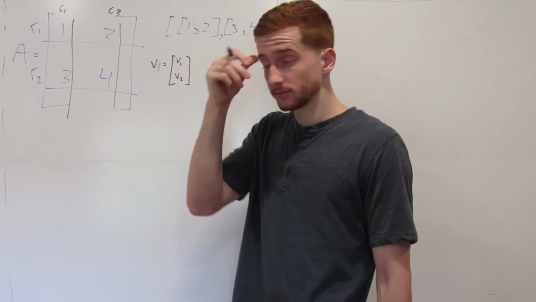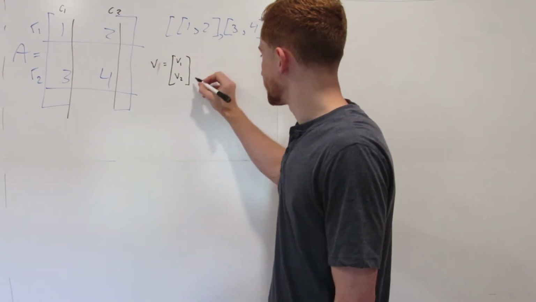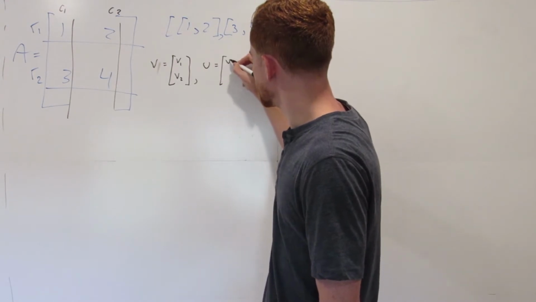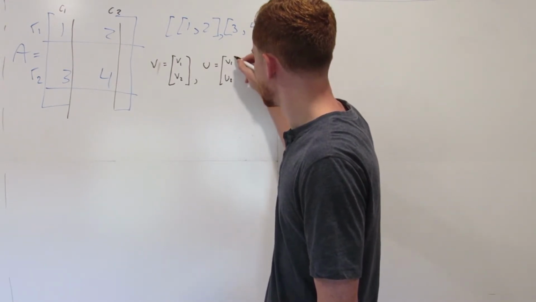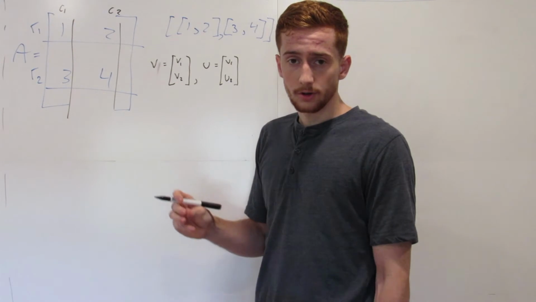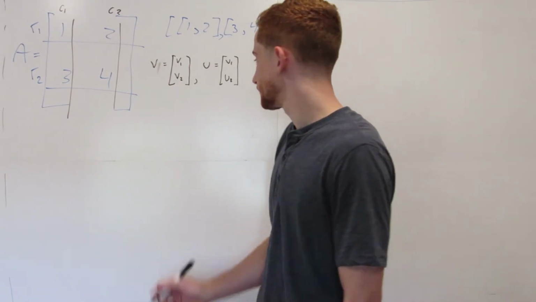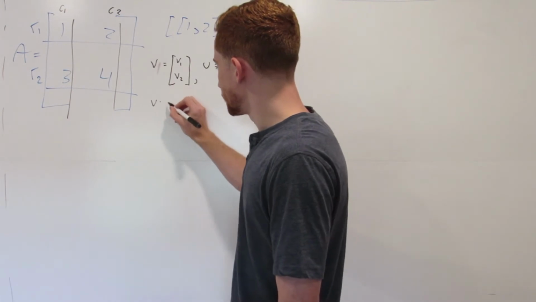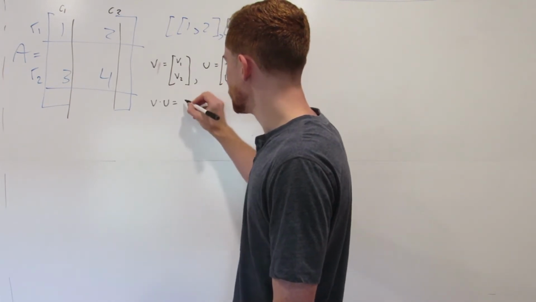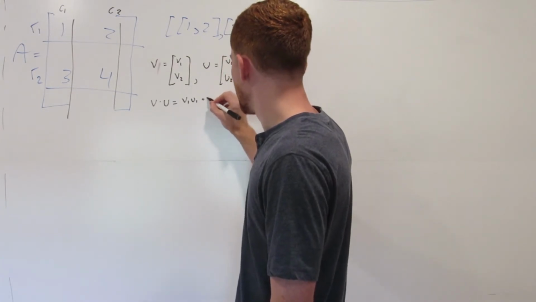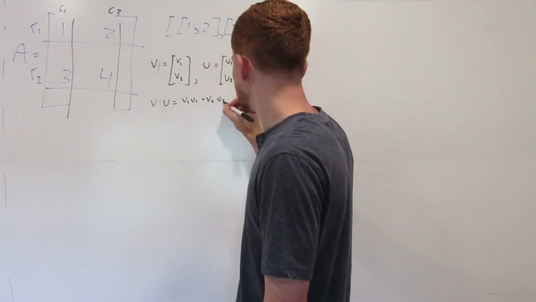So it's some vector and it has two elements in it. And then you have some other vector called u, which has u1, u2. All right. So one operation you may be familiar with between these two is called the dot product. So v dot u is equal to v1 u1 plus v2 u2.